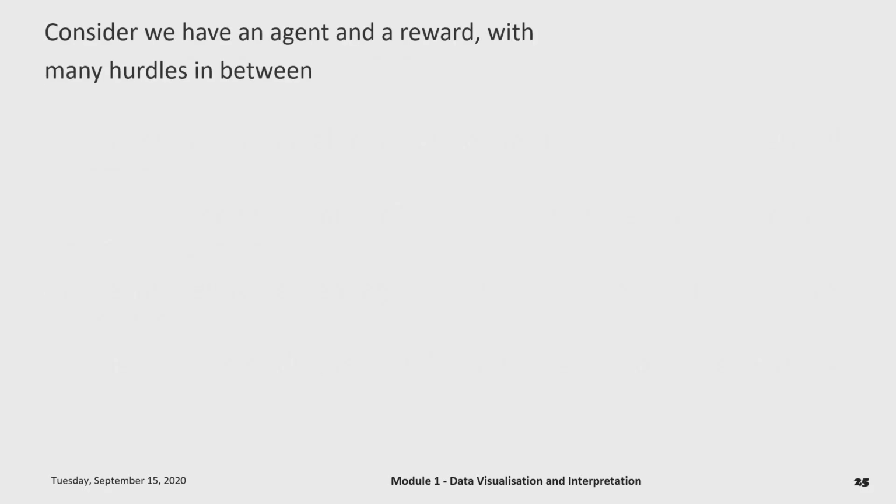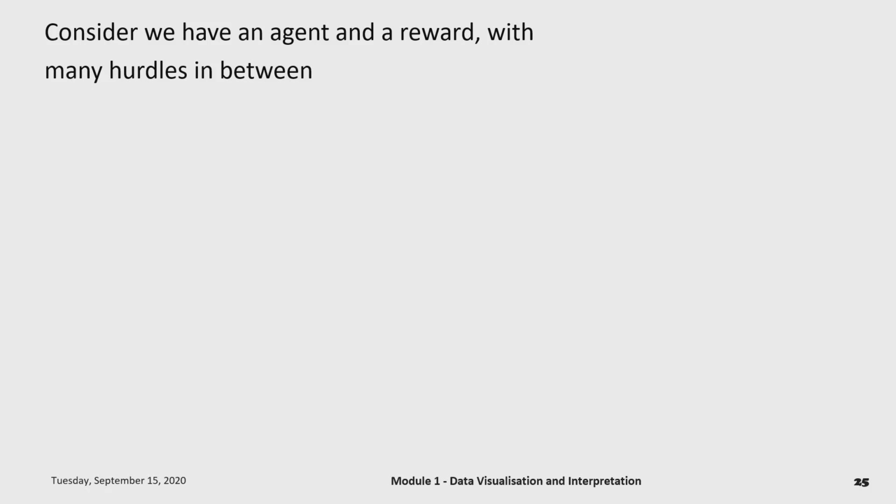So for example, let's consider an agent and a reward with many hurdles in between. This is just like a game wherein you are open to go anywhere, but your mission or goal is fixed. The person playing the game will decide where to go and how to go.